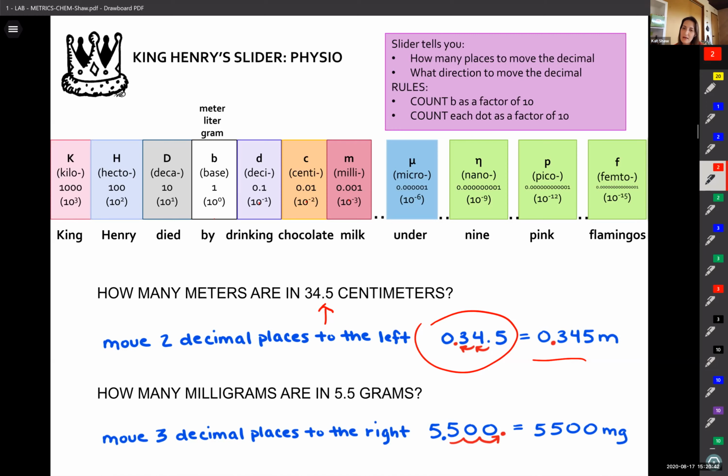So how do I make that number 0.345 greater than 1 but less than 10? Where would I have to move that decimal? 3.45. Great. 3.45. Let me move it over a little bit. 3.45. But now that I moved the decimal, now I need to add my exponent. What is the exponent that I use there?